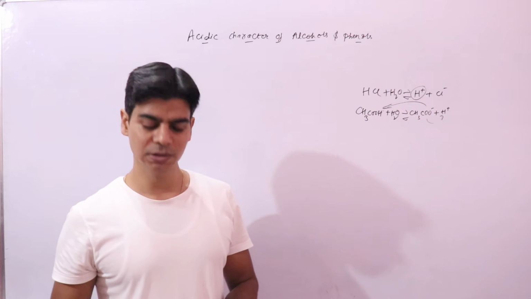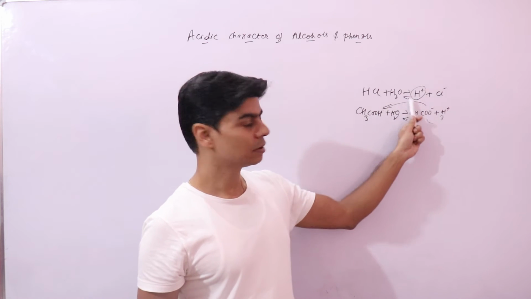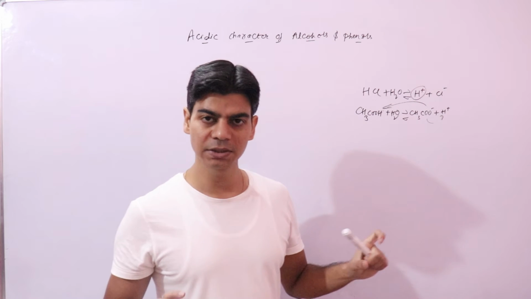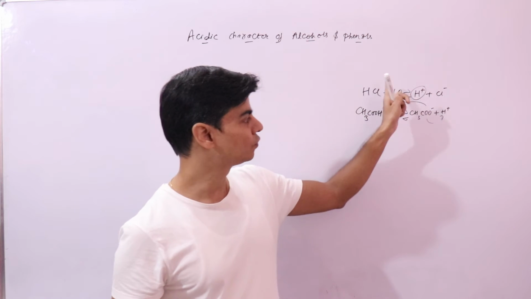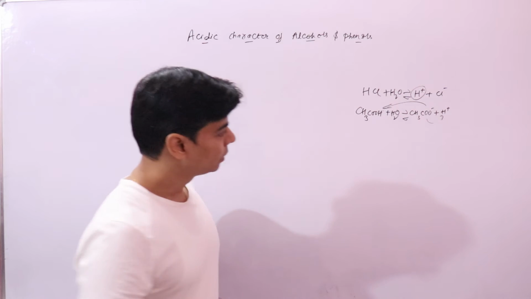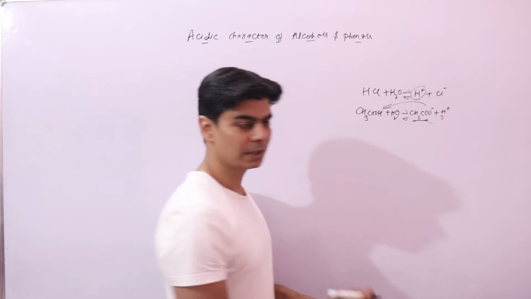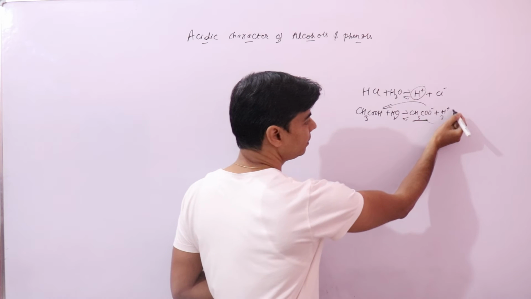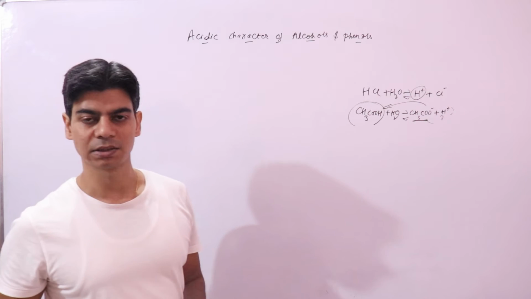Whereas HCl is a stronger acid. Why? Because it is almost completely dissociated in water, and it furnishes more hydrogen ions, so the forward reaction is favored. Whereas your acetate ions are less stable, due to which they immediately react with hydrogen ions to give you back acetic acid.